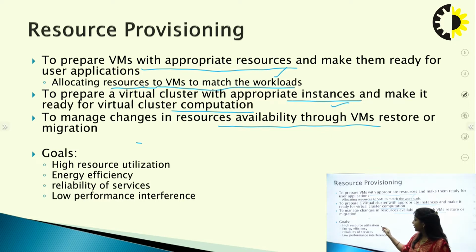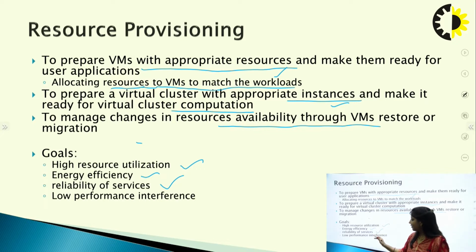So basically, what is the goal? High resource utilization is the first goal of the provider. Then energy efficiency, so that when consumption is high, energy can be saved. This is the second goal. And reliability of the services: when the customer has taken the service, there should be no compromise of the service.